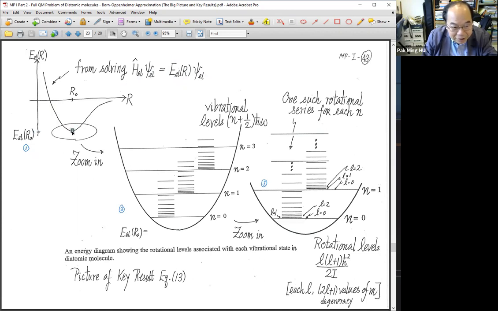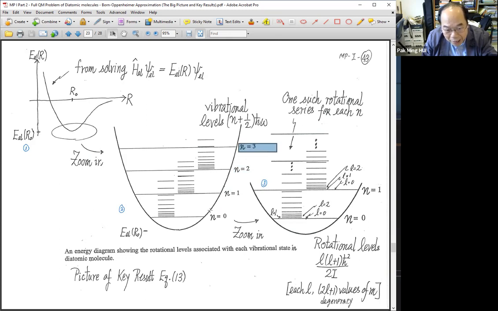Now, what is the second term? N plus half H bar omega. What are they? So I'm blowing up, zooming in this curve. So I draw it bigger, and I assume it to be a parabola near the minimum. And inside here, you see this n equals 0 line, n equals 1 line, n equals 2 line, n equals 3 line.